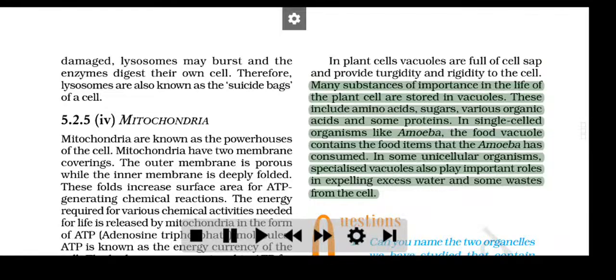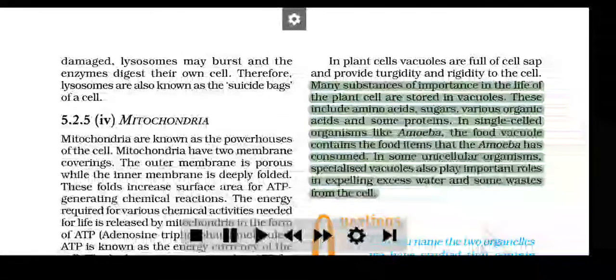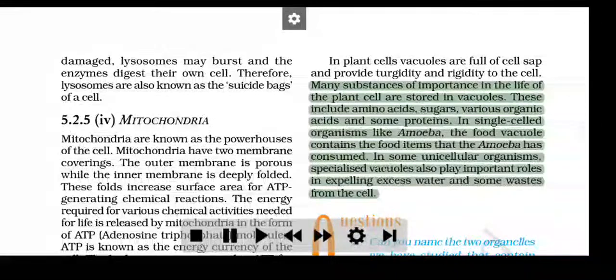Many substances of importance in the life of the plant cell are stored in vacuoles. These include amino acids, various organic acids and some proteins. In single-celled organisms, the food vacuole contains the food items that the amoeba has consumed. In some unicellular organisms, specialized vacuoles also play important roles in expelling excess water and some wastes from the cell.